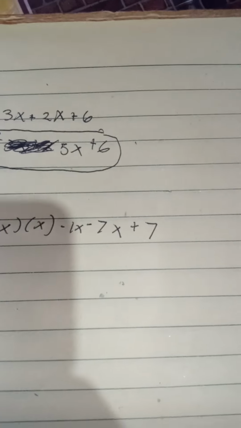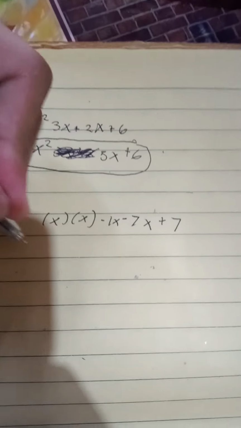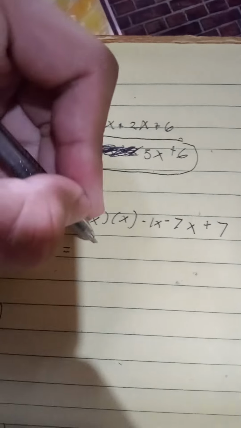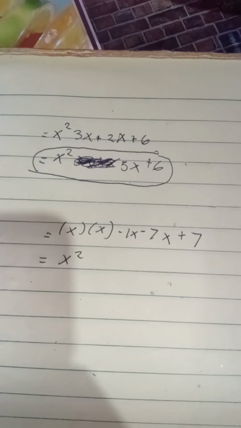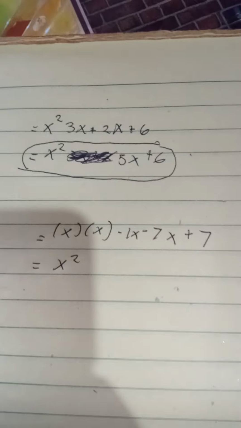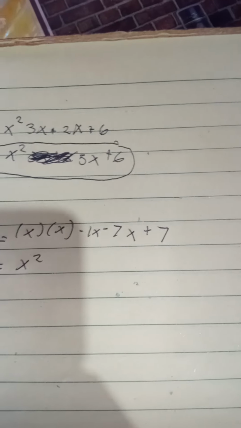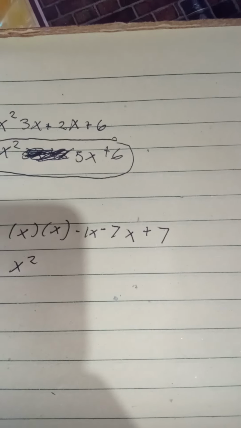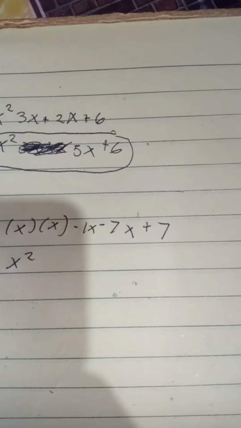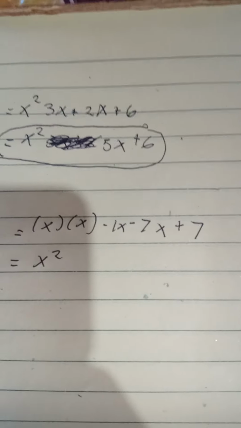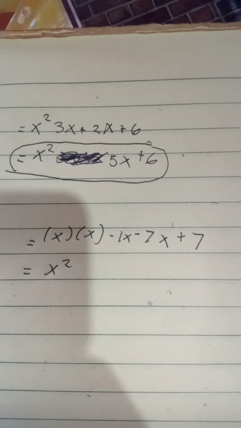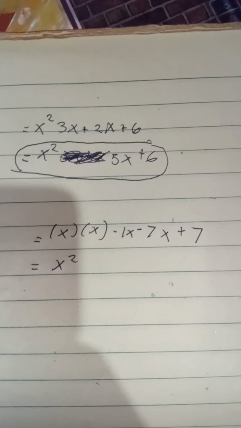Bring down the x squared, and add the x and the negative 7x. They have the same sign, so we add.